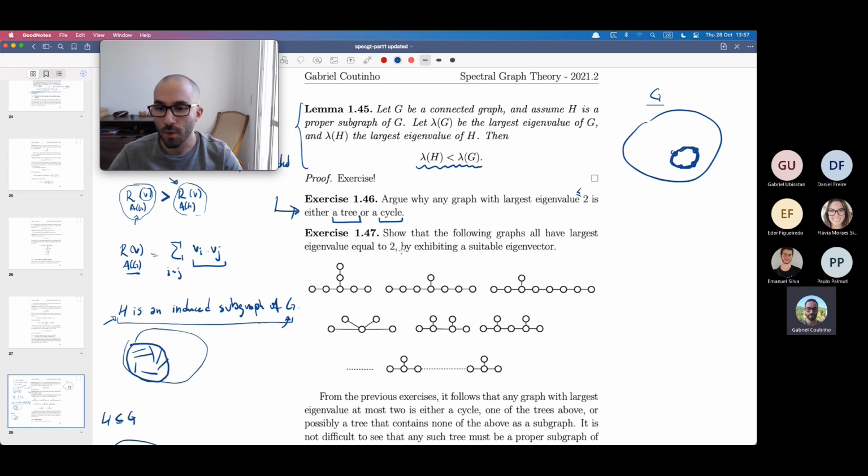And you should be able to do that by exhibiting a suitable eigenvector. So I truly want you to come here and guess what the eigenvector would look like. For example, if this is 1, and this is the entry of the eigenvector corresponding to this vertex, what should be the entry here?